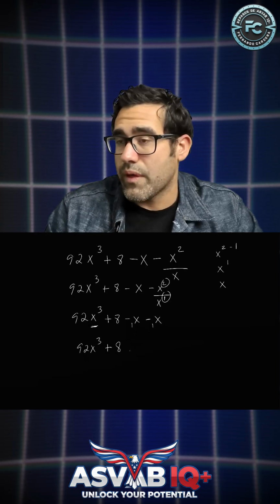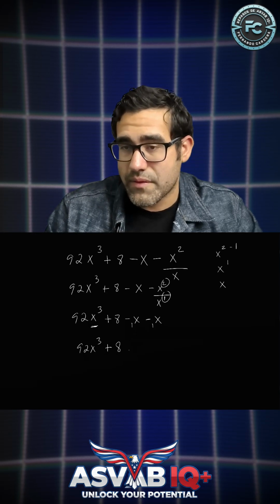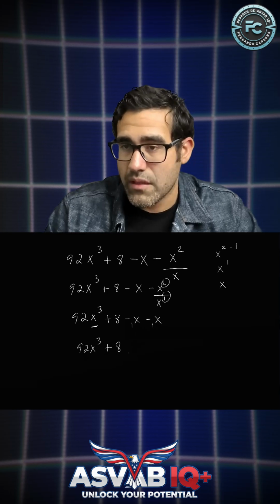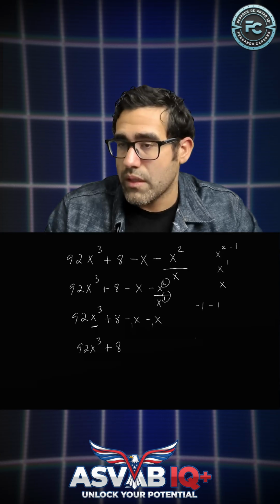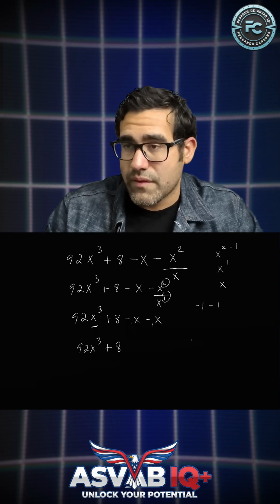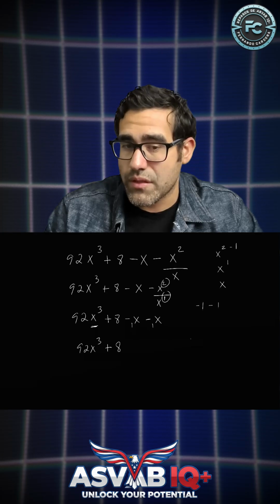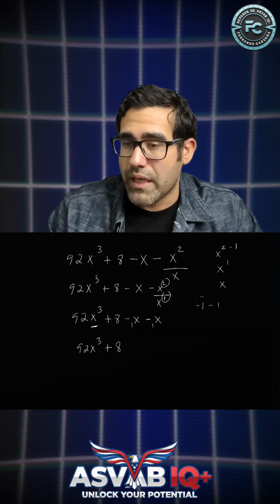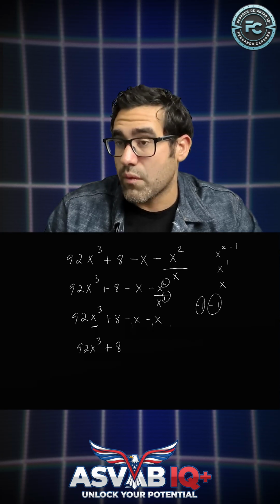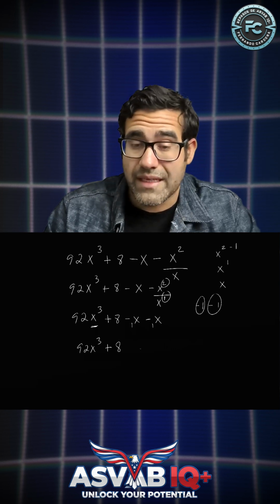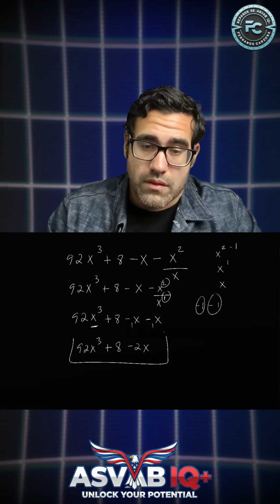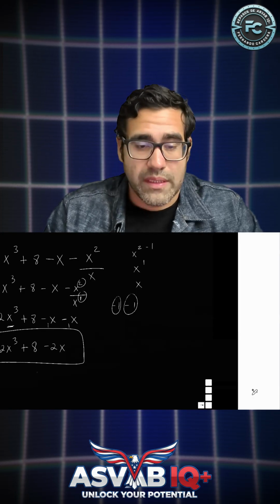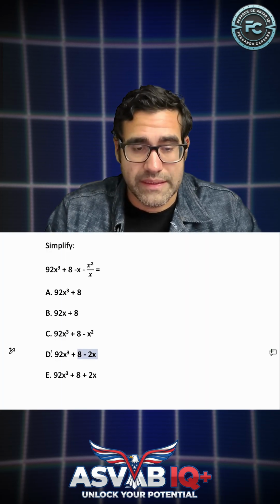And then when we're adding letters, the coefficients are going to be added. So you're going to end up adding negative 1 minus 1. When you add negatives, look at it as a business transaction. I take away 1, I take away 1. If they take away 1, they take away 1, you lose 2. That's going to give you negative 2x. That option would be letter D.